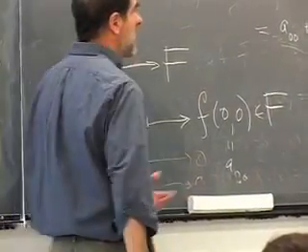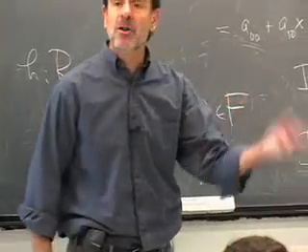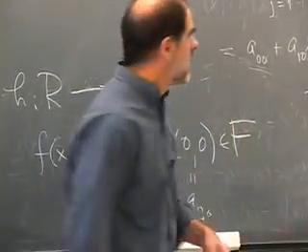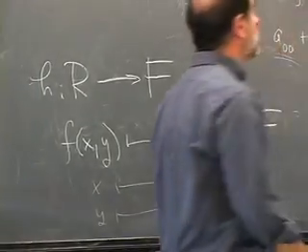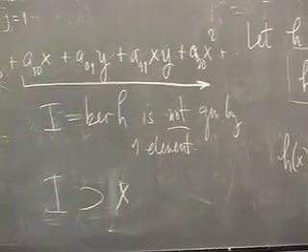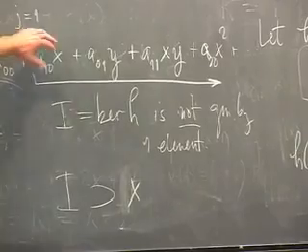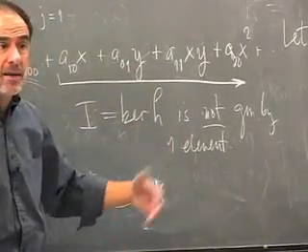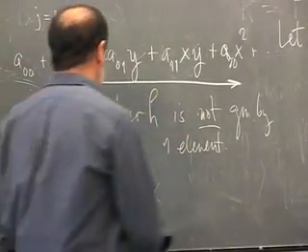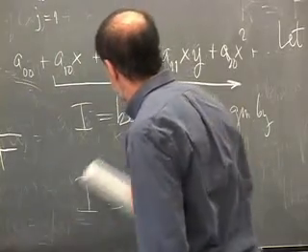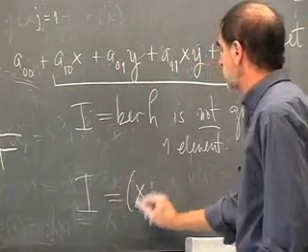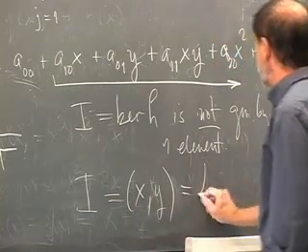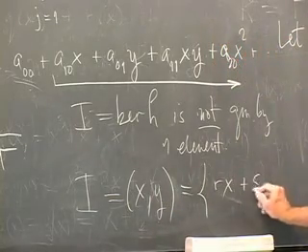The polynomial y goes to 0. Any multiple of the polynomial x goes to 0. Any multiple of the polynomial y goes to 0. And if you think of all these polynomials, they're just the collective multiples of x and y. Any such polynomial can be written as some multiple of x plus some multiple of y, not in a unique way. So in particular, the ideal I is certainly the ideal generated by x and y, which consists of all multiples of x plus all multiples of y.